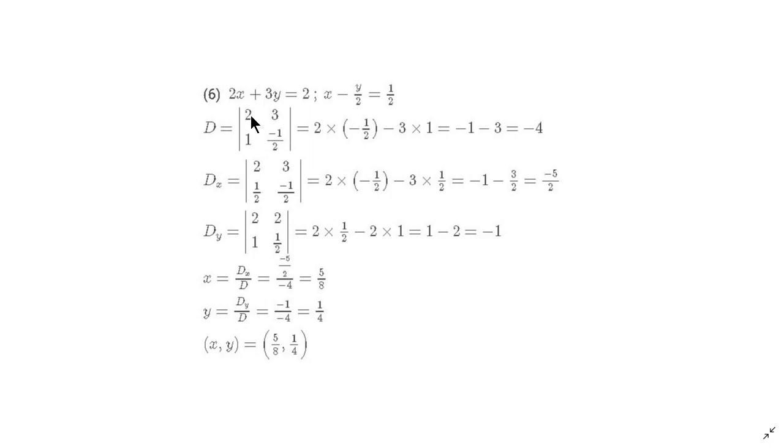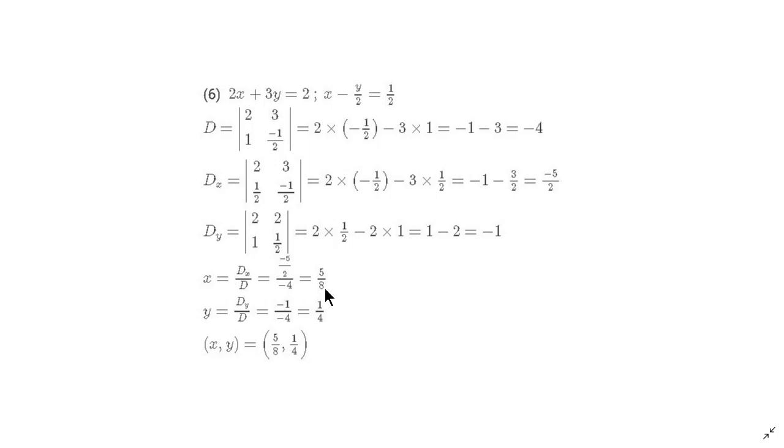Dx: replace 2 and 1, which are the x values, by 2 and 1 by 2. Then replace 3 and minus 1 by 2 by 2 and 1 by 2 and calculate it. You will find the answers are 4, minus 5 by 2, minus 1.